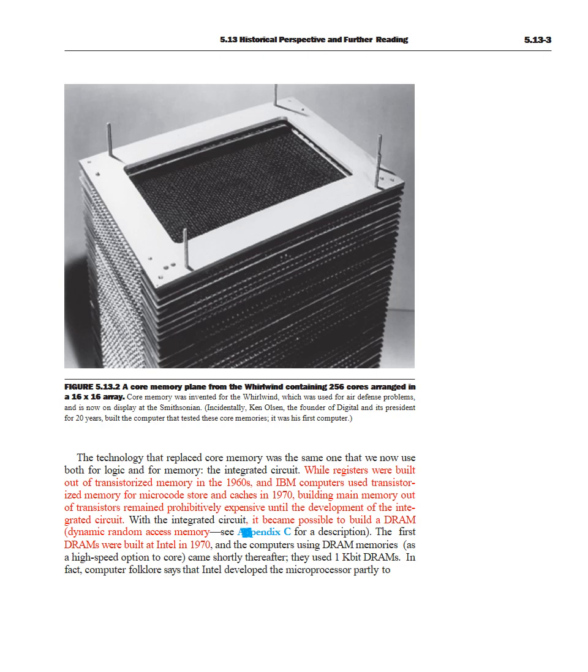So while registers were built out of transistorized memory in the 1960s, so we're going to solid state then, the IBM computers used transistorized memory for microcode store and caches. So that's if you had a course on designing the CPU and the control unit, the microcode for the sequencer in there.